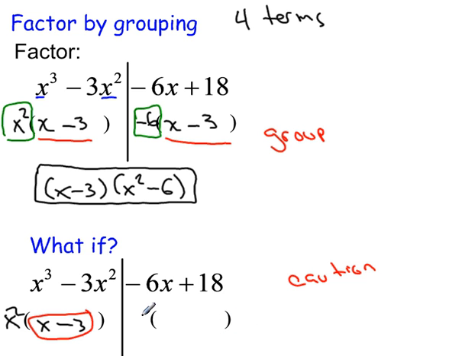Instead of making the 6 positive on the outside, try making it negative, and then see where that gets you. And then you'll see that it'll get you the same thing as the other one. Negative 6 times x gives you negative 6x, and then negative 6 times negative 3. So just play with it and make sure that what's inside the parentheses is the same.